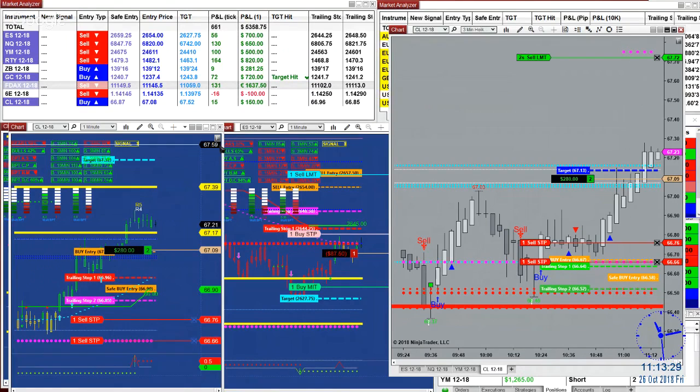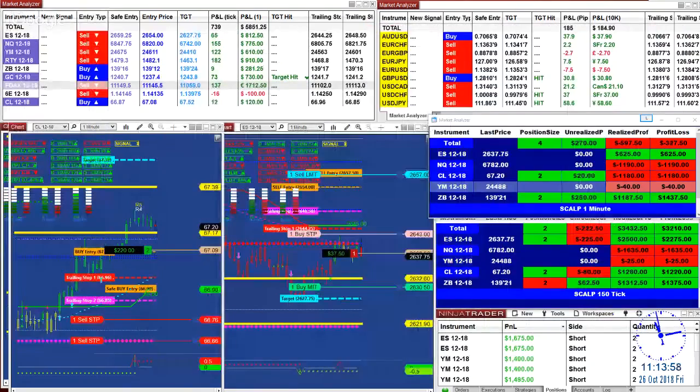The reason I'm comfortable with that CL now is that we have a lot of support areas in here, and on any pullback, I'm hiding behind the walls, because these are really good support areas. Any pullback, it could be projection here. So I'm taking that trade all the way up to 67.72, and most likely today it will hit that on the market. On your chart, please, it is 67.72.